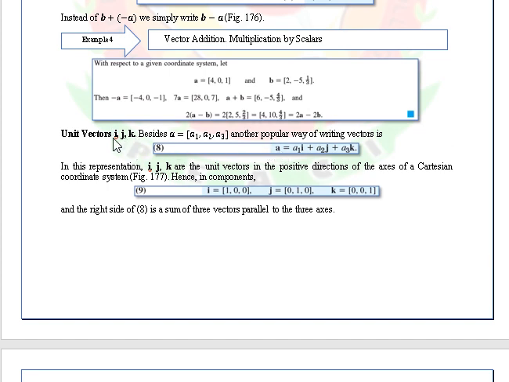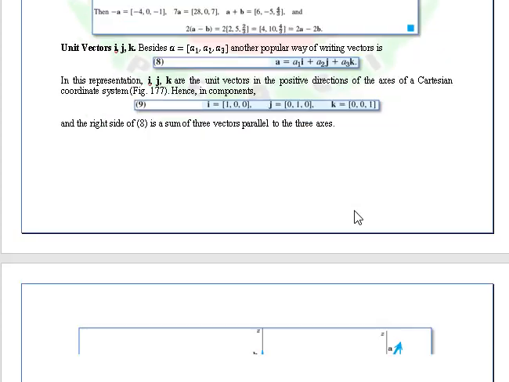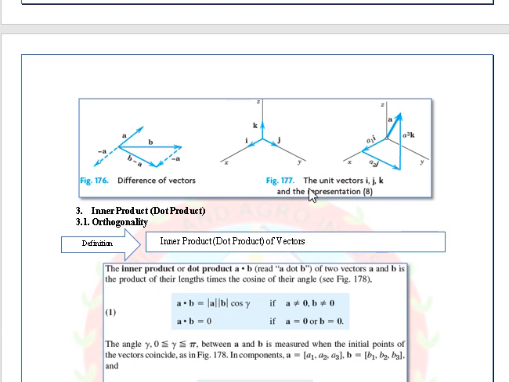We are using those unit vectors to represent the vectors in terms of their components along the x, y, and z directions. As you can see here, the component of i is 1, 0, 0. The component of j is 0, 1, 0, and the component of k is 0, 0, 1.